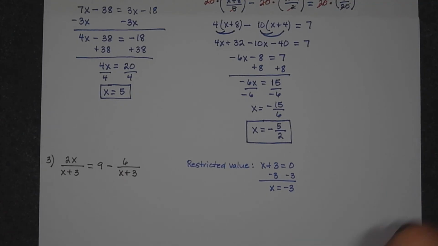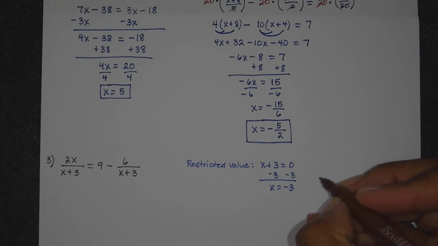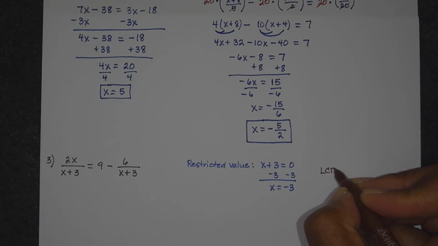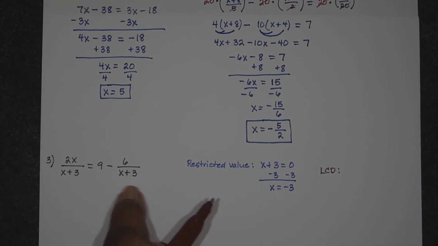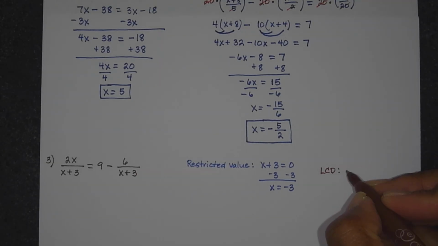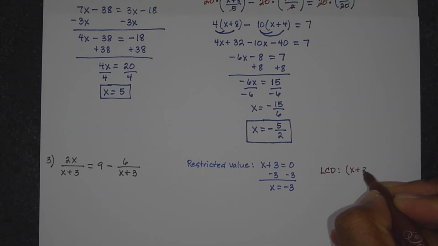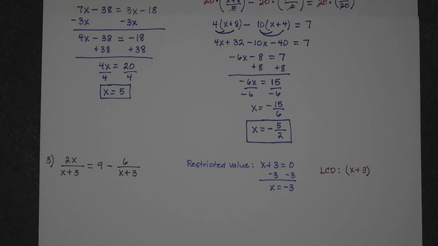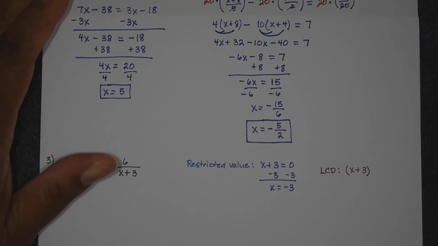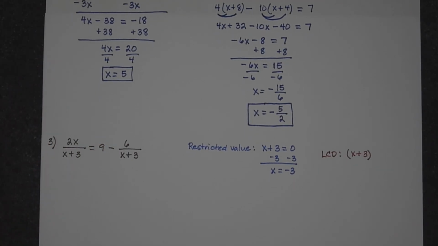Well, of course, we need the LCD of our denominators here. The only thing we have in our denominator is the x plus 3. So that means x plus 3 would be my least common denominator. And from here, we multiply every single term in that rational equation by the least common denominator.